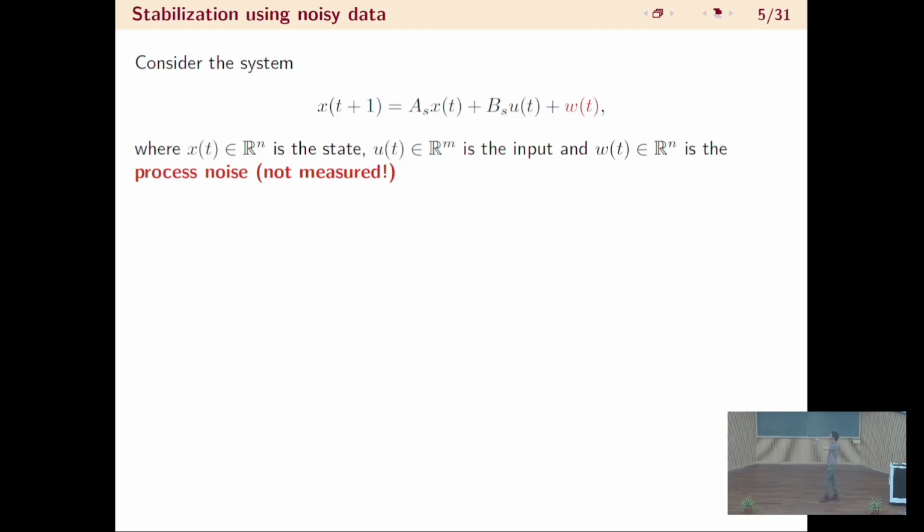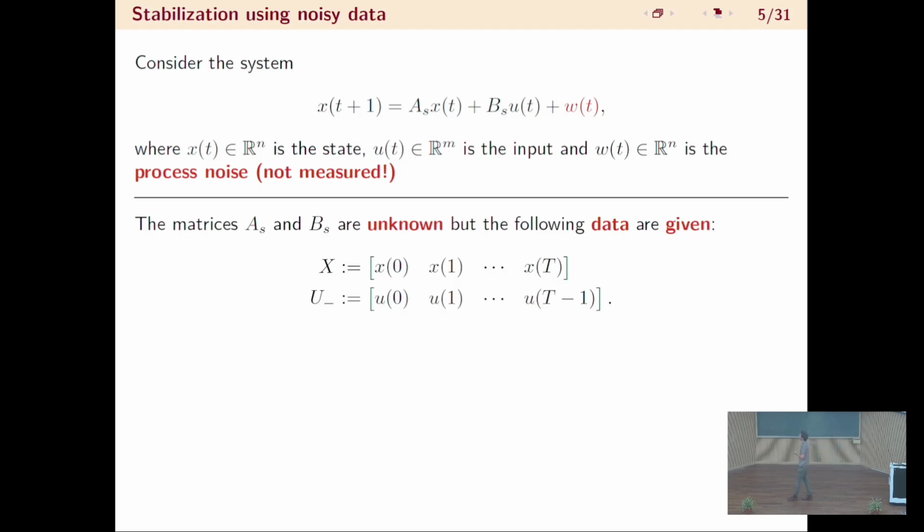Good. So we have this system now. As before, I do not assume that we have a model of the system, which means that these matrices AS and BS are unknown. They're not given. But luckily we obtain data from this true system, and we collect samples X of the state, x0, x1 to xt, so we have t plus 1 samples of the state.